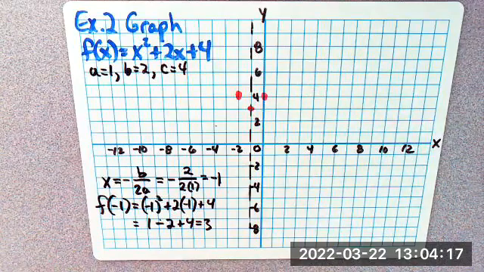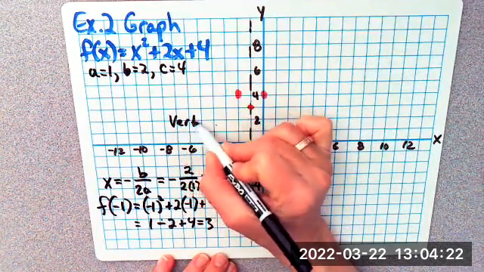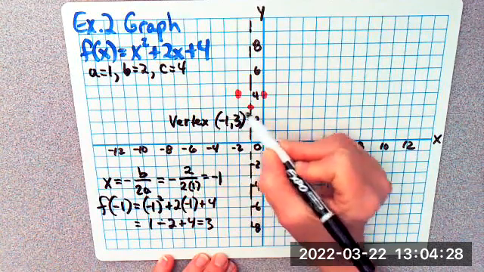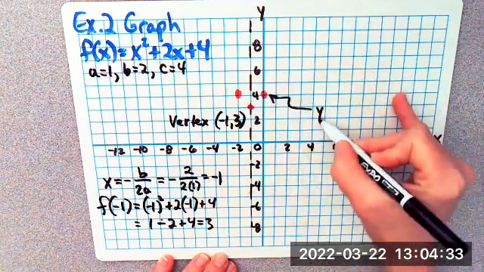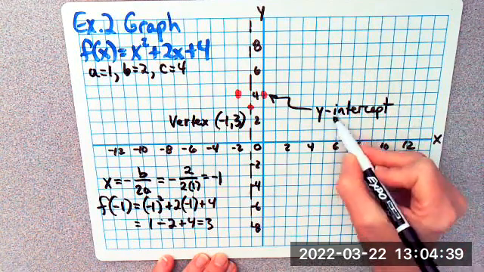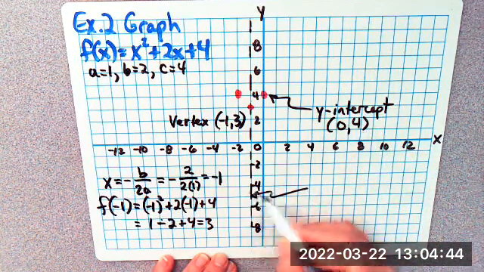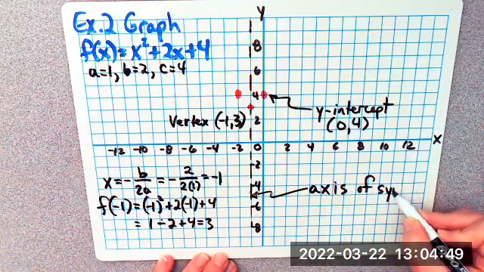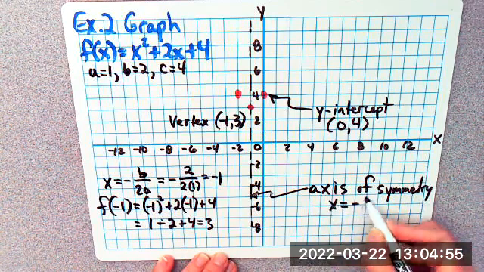So our vertex is at -1, 3. And we have the y-intercept, and that's at 0, 4. And we have our axis of symmetry here, and that's x equals -1.